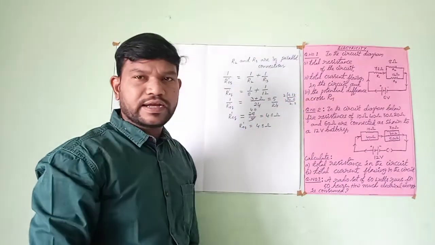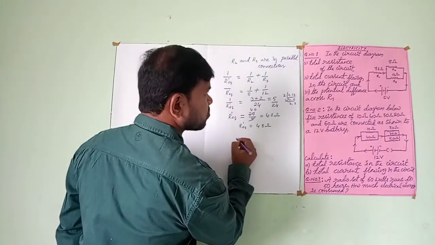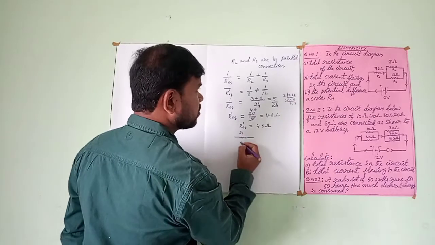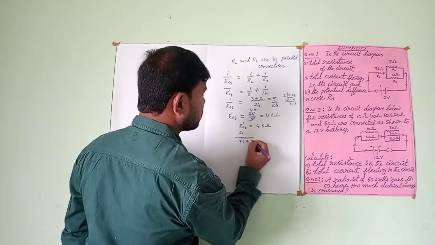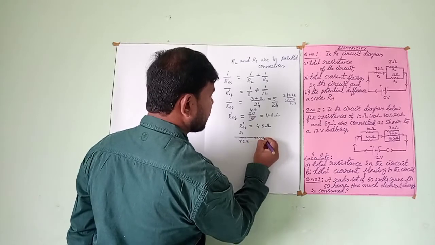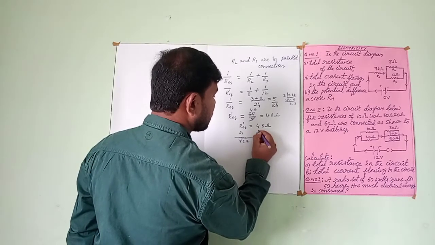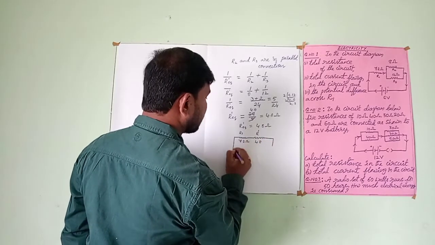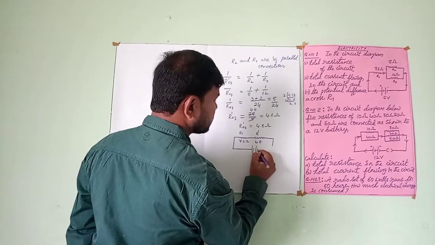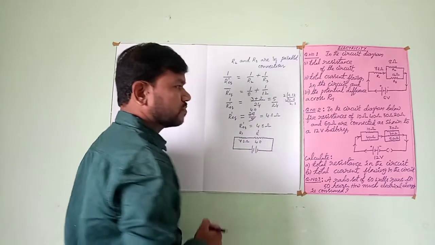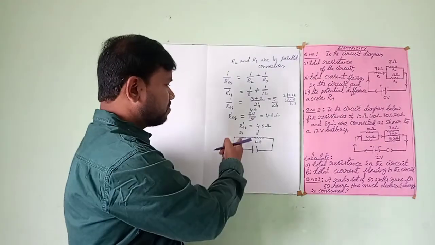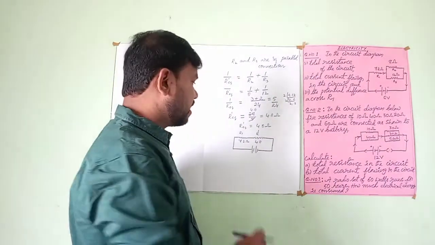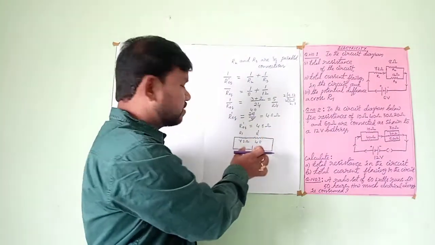Now we will rewrite the circuit again. One resistance is R1, 7.2 ohms, and the equivalent resistance R dash is 4.8 ohms. These two are connected to a 6 volts battery. Now R1 and R dash are in series, end to end.